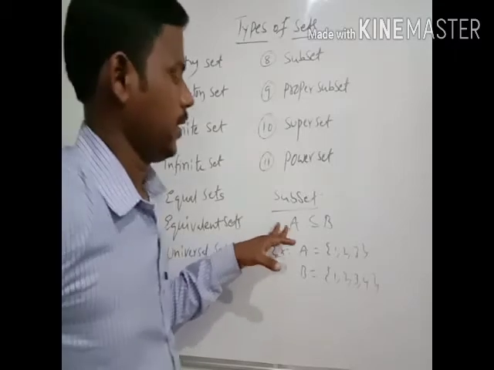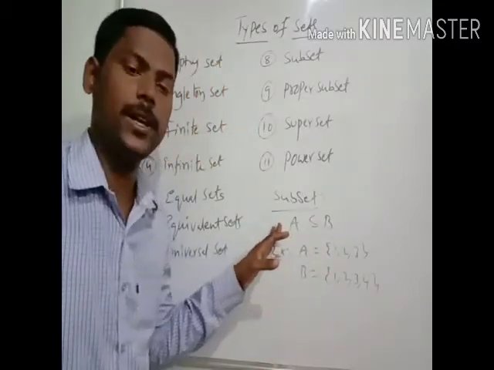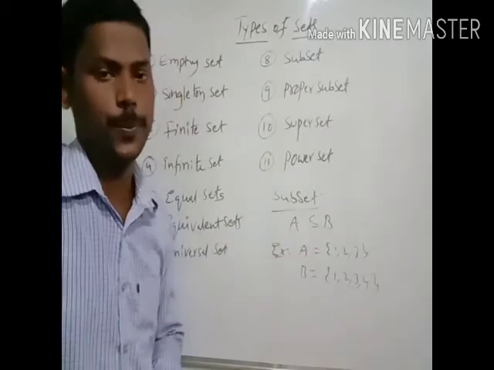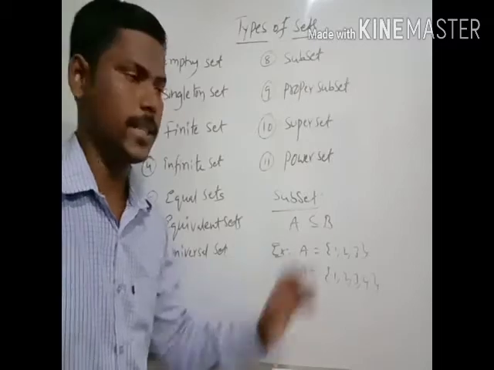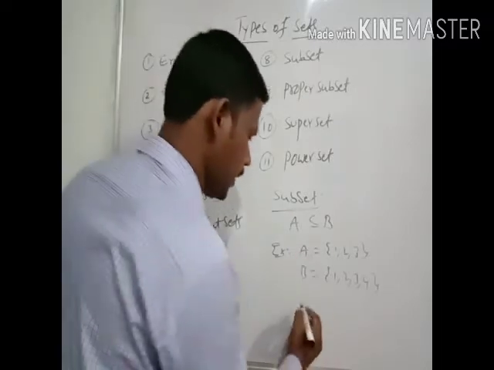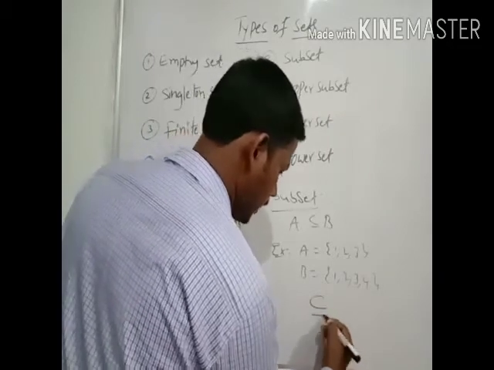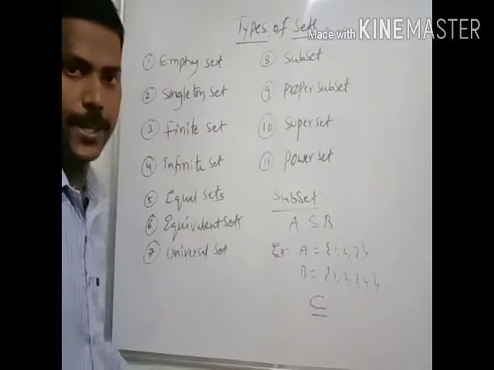So A is said to be a subset of B means every element of A is an element of B. Then we call A a subset of B. It is denoted by this symbol. This is called subset.